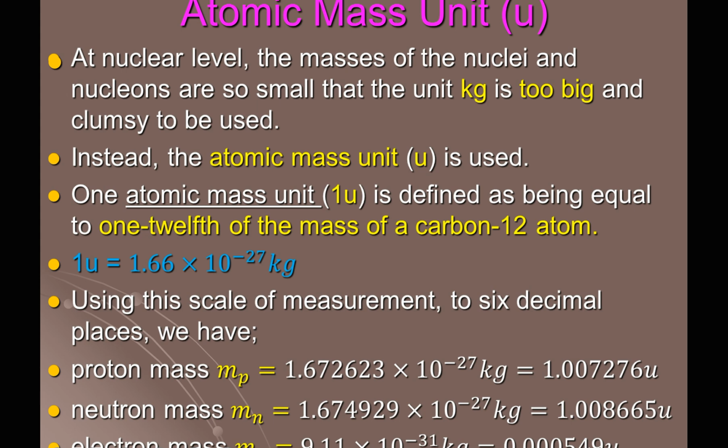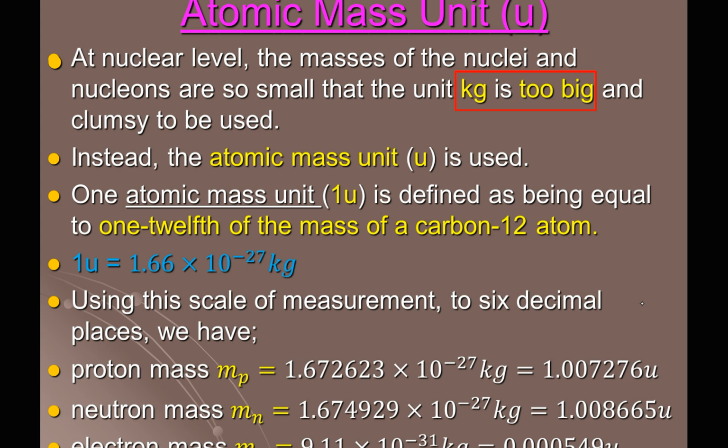So let's talk about what we call the atomic mass unit. At nuclear level, the masses of the nuclei and the nucleons are so small that the unit kilogram is going to be too big, and of course, too clumsy to use at nuclear level.